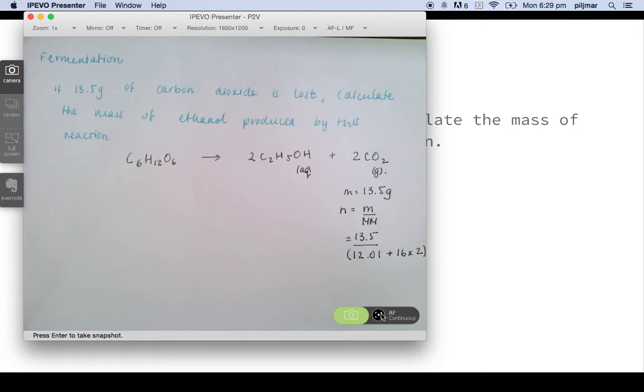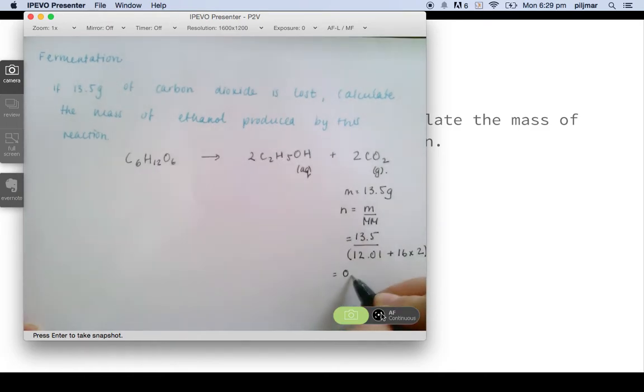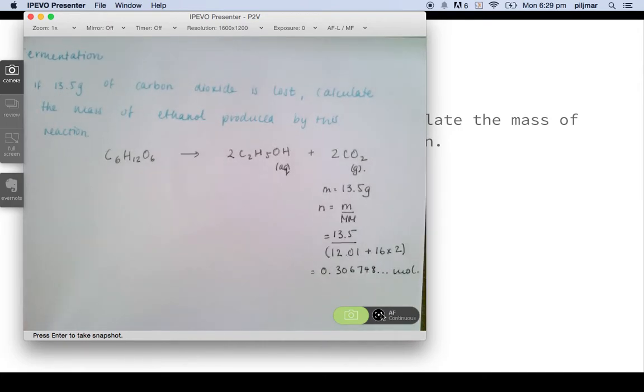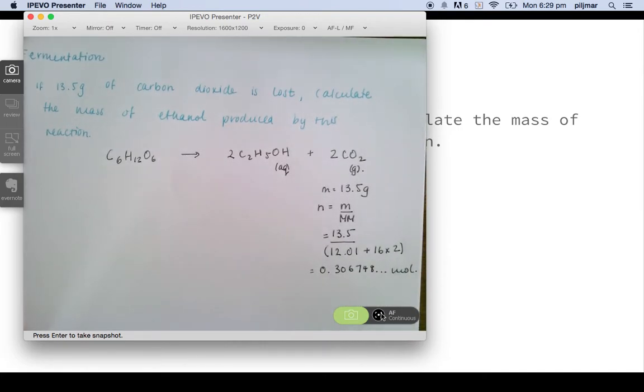So if I do that on the calculator now, then our answer should come out as 0.306748... moles. Okay, and we obviously save this in our calculator because we don't round until the end.